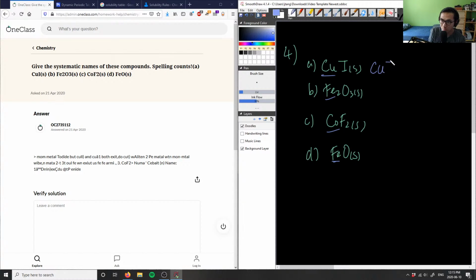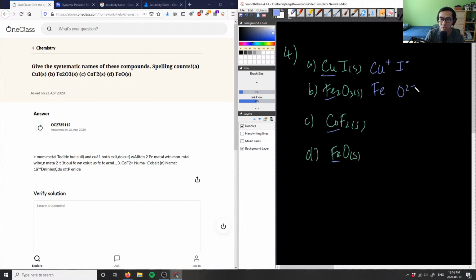So I have Cu plus and I minus on this one. I have Fe something, I don't know this charge here, and O2 minus. In this case for copper, for A here, I know it's 1 plus because I'm going to have to balance this 1 minus charge here, right? So I would have a charge of 1 plus here.